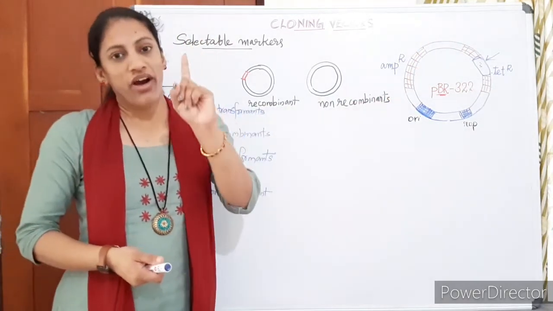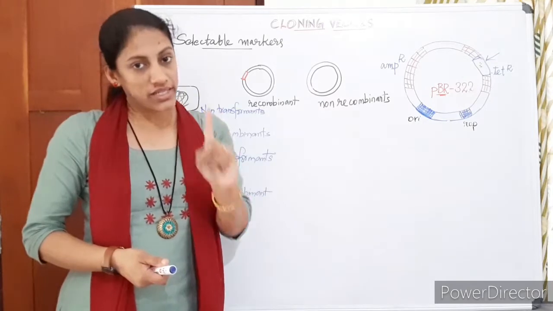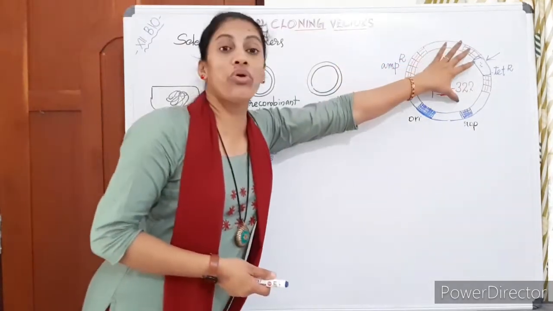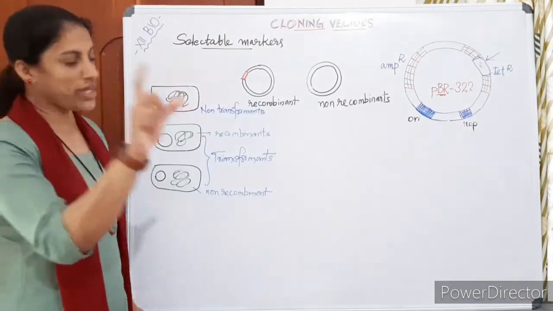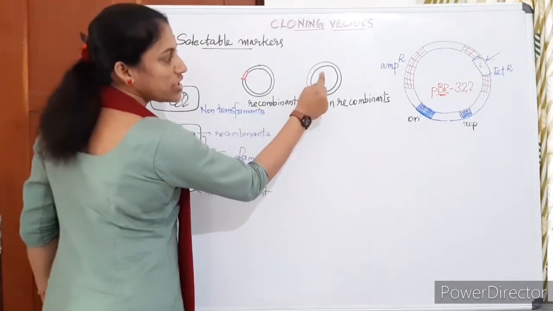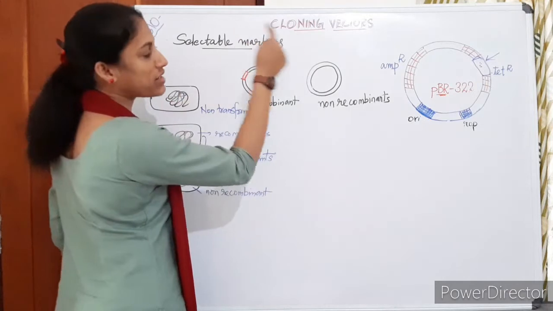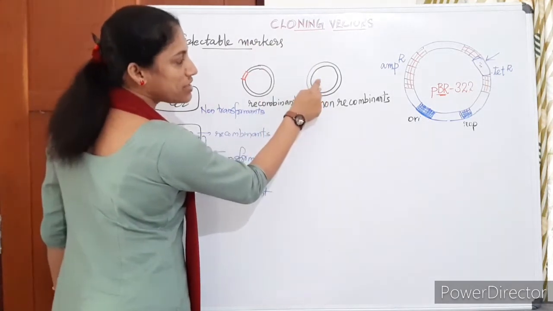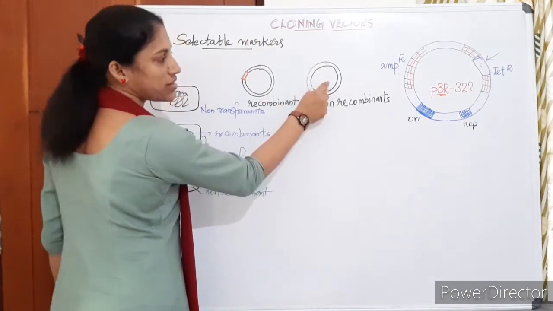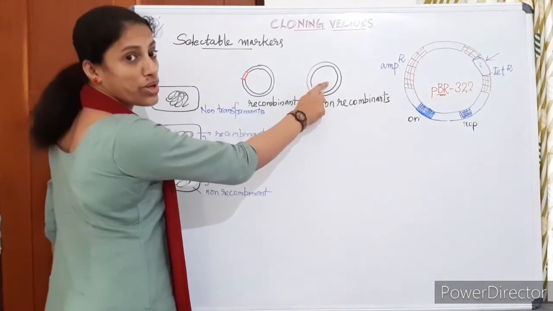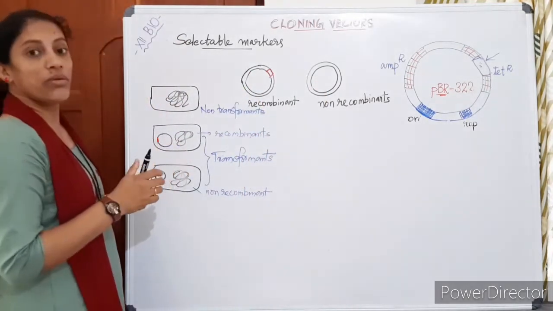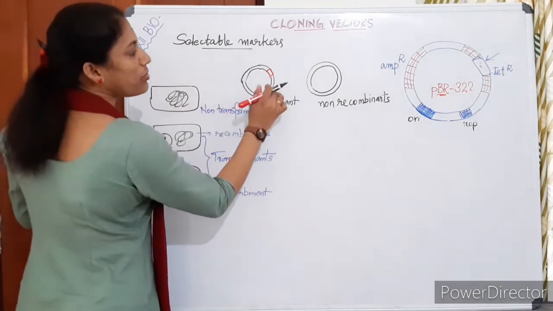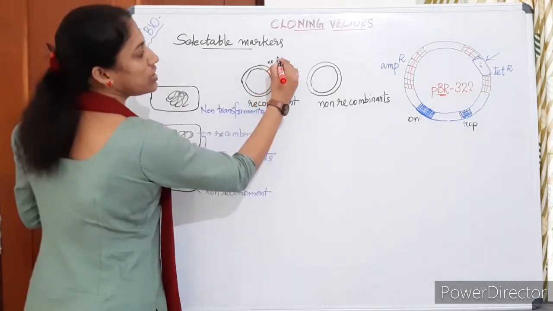That means if our recombination is successful, there is no tetracycline resistance for the plasmid. Keep in mind. If a non-recombinant plasmid enters the bacterium, it shows both ampicillin resistance and tetracycline resistance, the reason being no interruption by our foreign gene. So if the recombination is successful, recombinants will not show what?